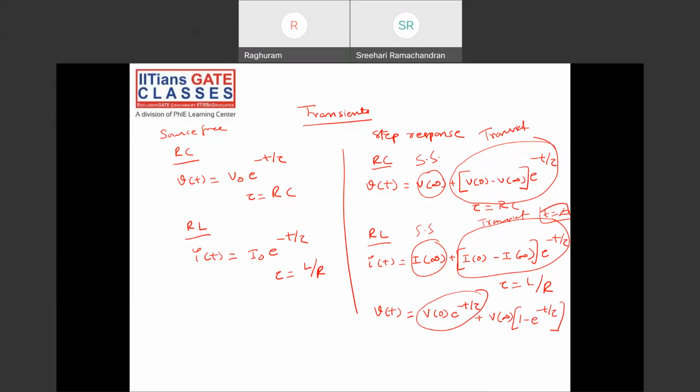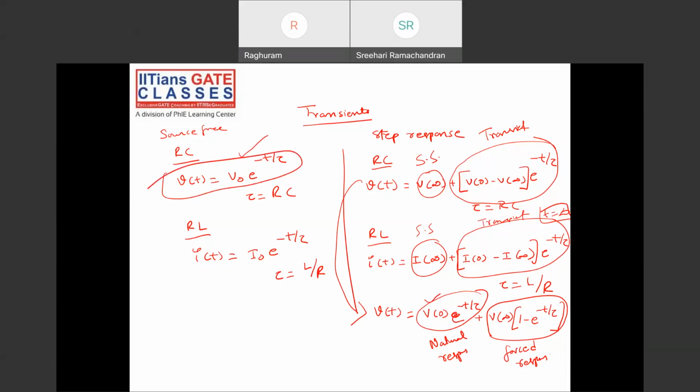What response is this? This is called natural response, and the other one is called forced response. This is the same equation written in a different way.